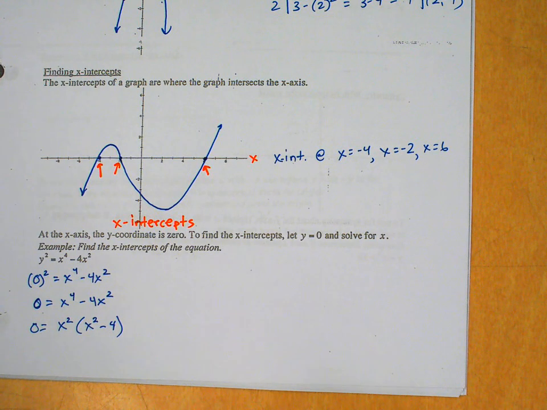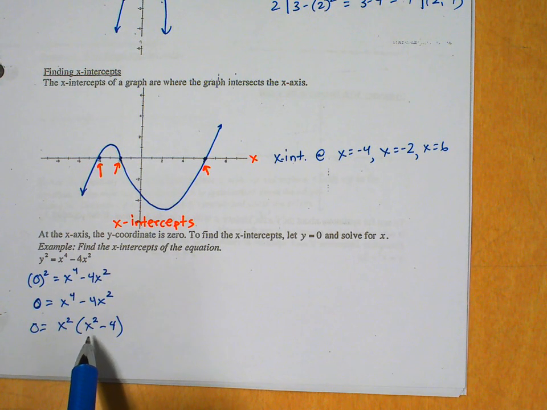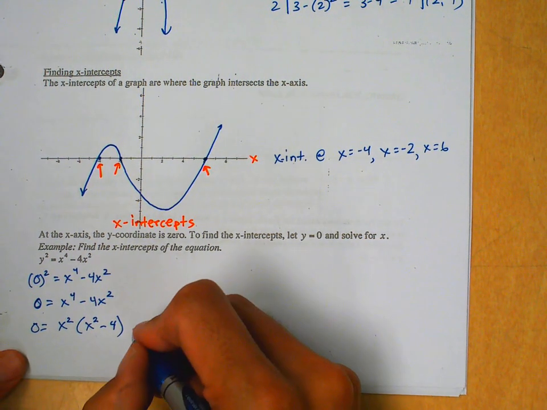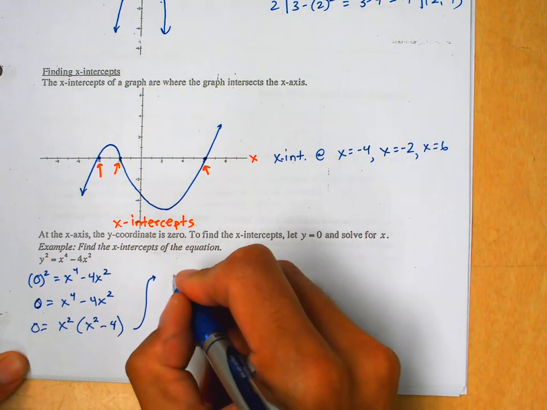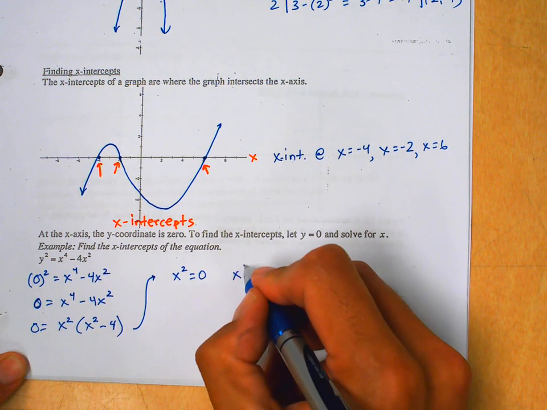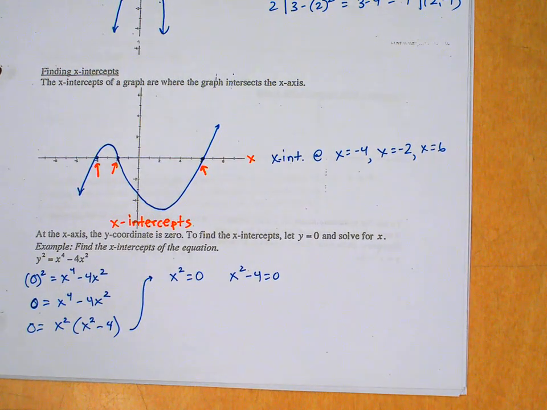Otherwise, something went wrong. So anyway, from here, I see the zero product property, meaning when we multiply two values together and get 0, at least one of these values must equal 0. So that means x squared equals 0, or x squared minus 4 equals 0. And we're just going to solve those.